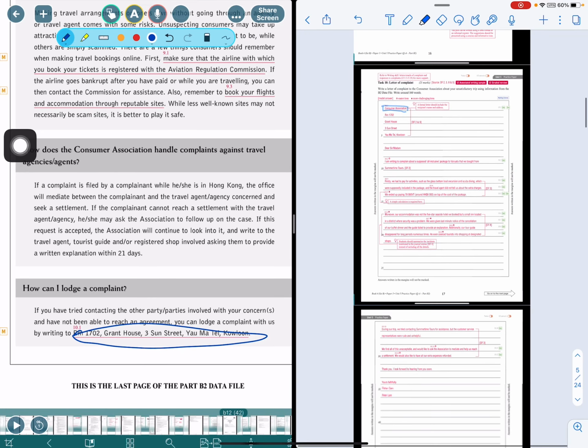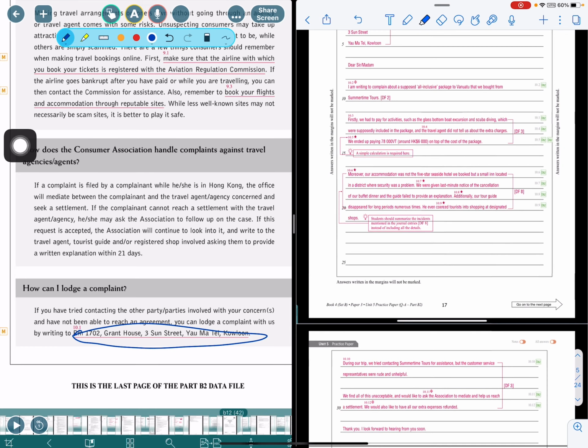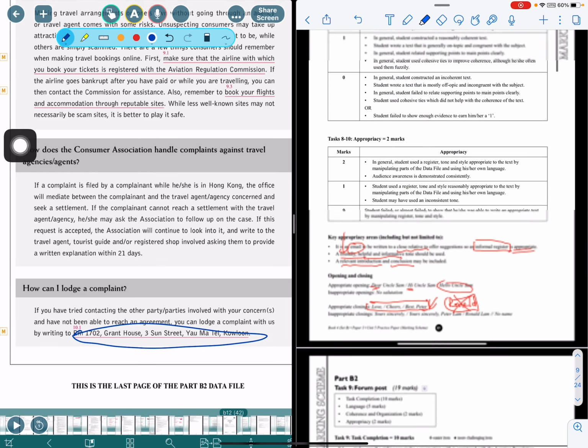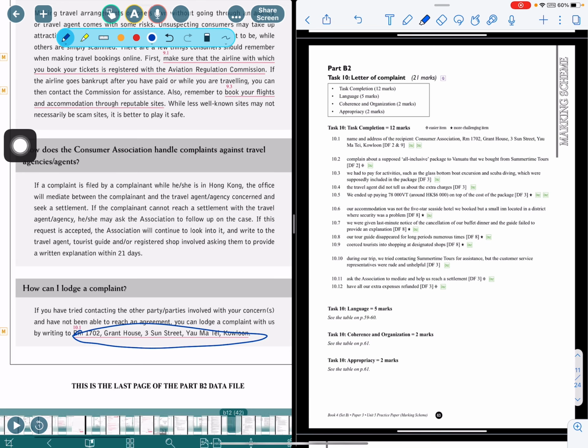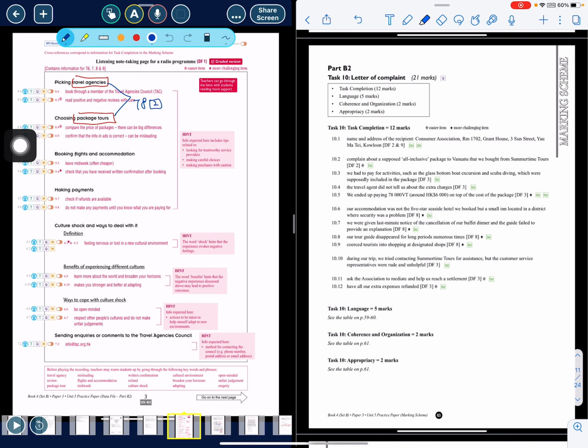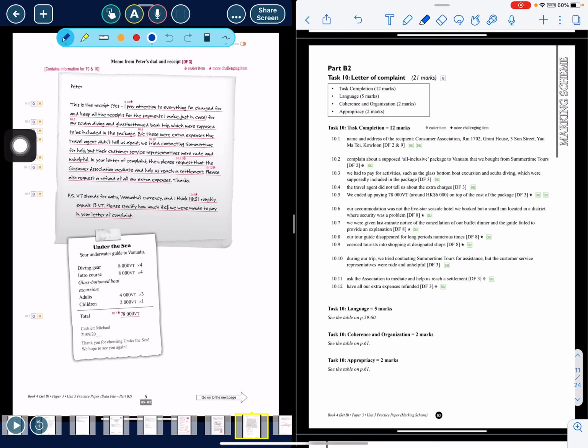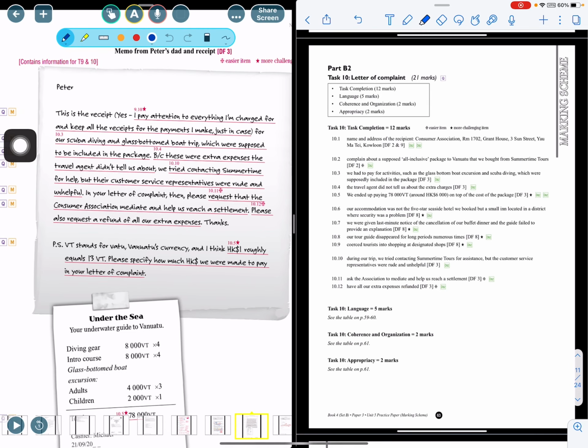Then let's take a look at the points. We are now talking about task 10 right here. This time you don't really need any information from the note-taking page, so this page is not relevant to task 10. So we can actually start from here.